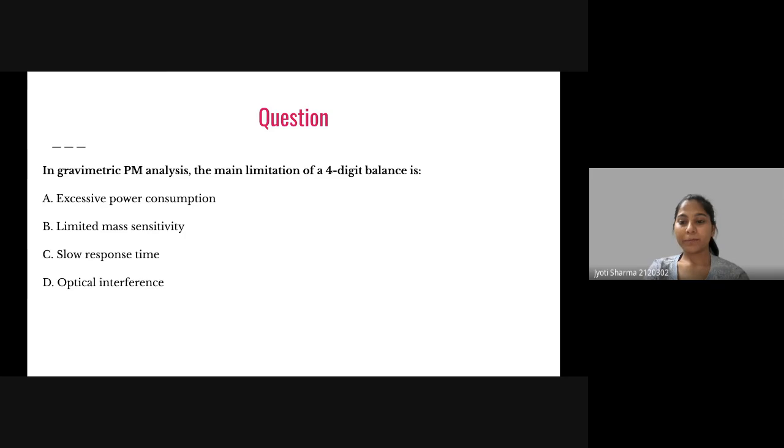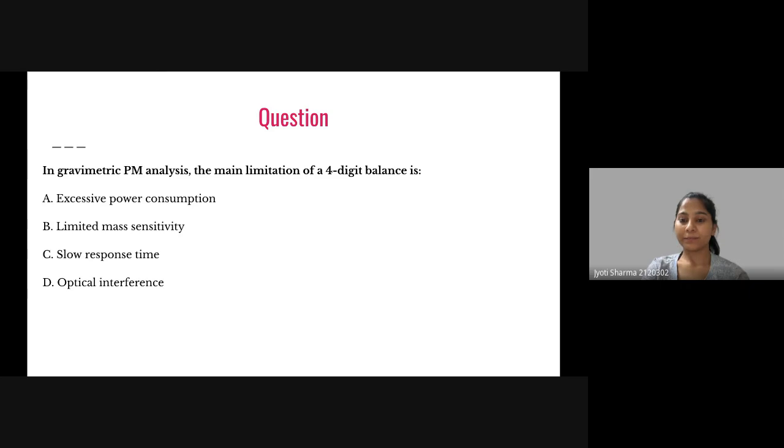In gravimetric particulate analysis, what is the limitation of a 4-digit balance? This is very much related to the detection limit, the minimum detection limit, MDL.